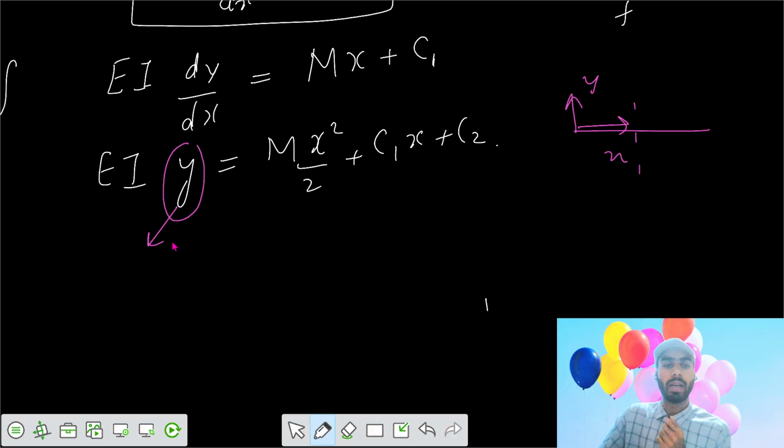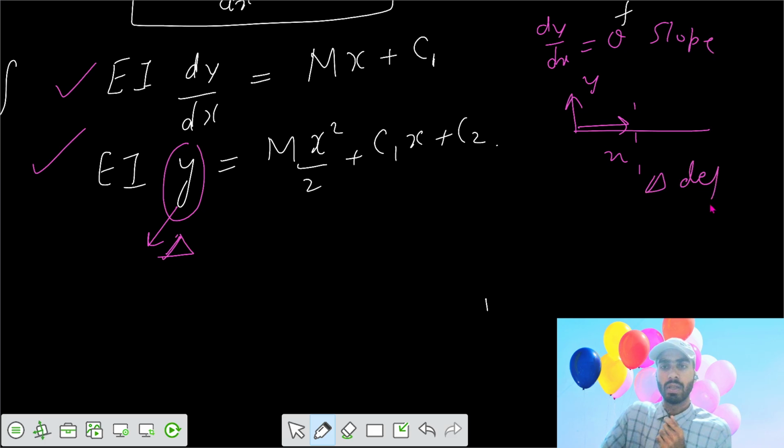We can represent y in terms of delta, and dy by dx is the slope, so dy by dx equals theta. So we can get the slope and deflection at any point. This one is your slope and this one is your deflection.